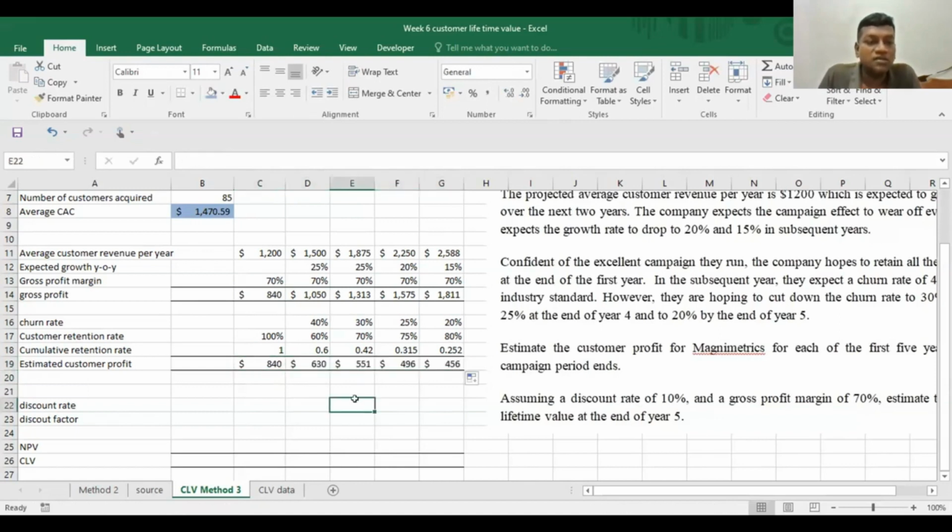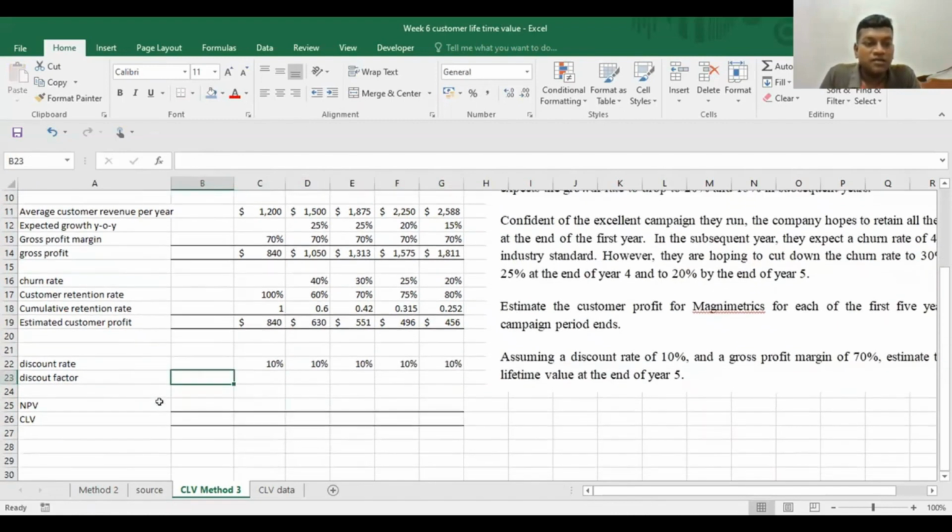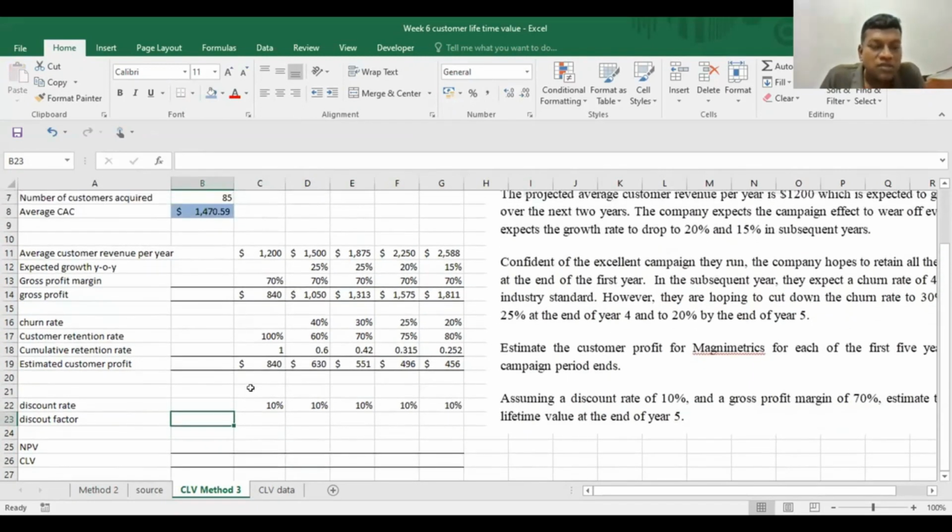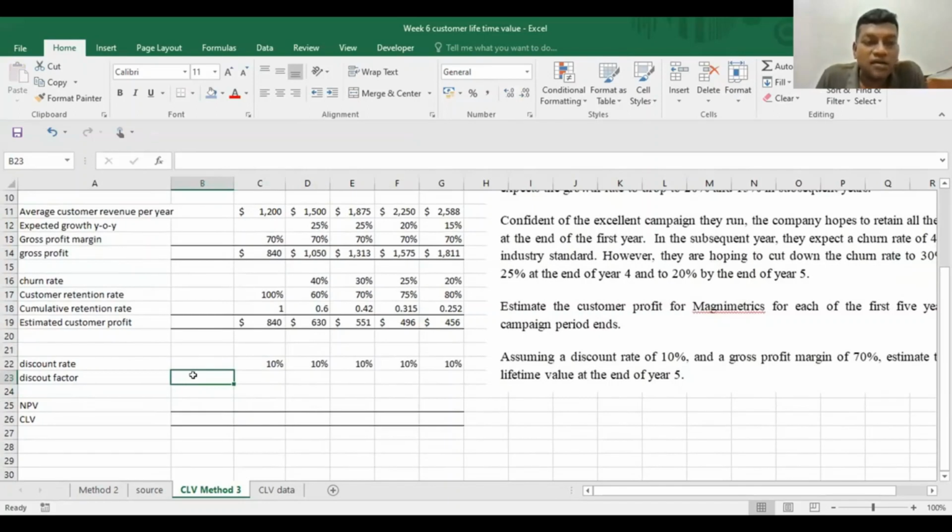Okay, now the discount rate is 10%, that is 0.1. Control C, it is constant. Control V. Format it to percentage. Okay. Discount factor. Okay. So what is worth, let's say, 100 will be worth less next year.